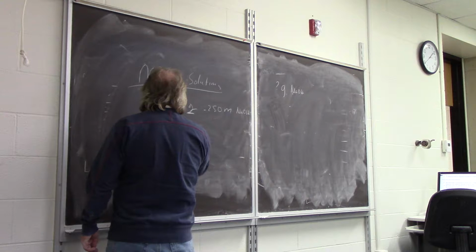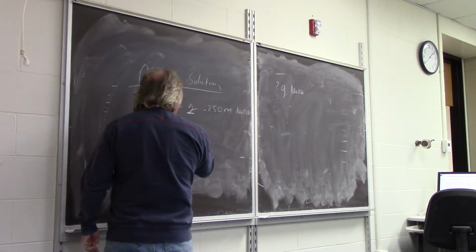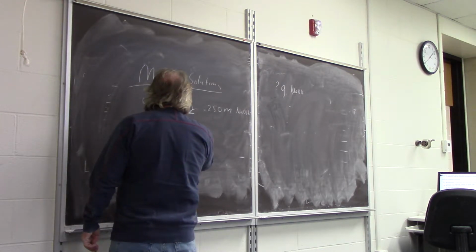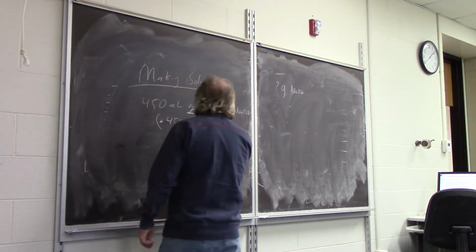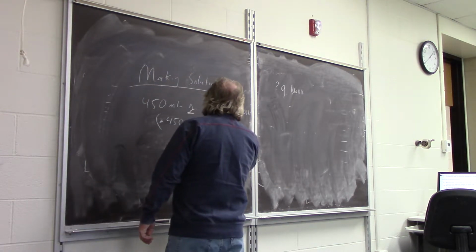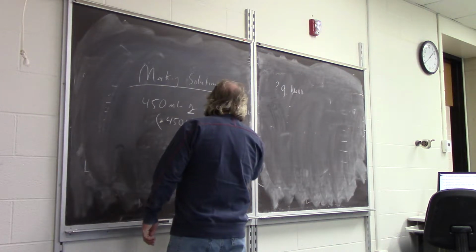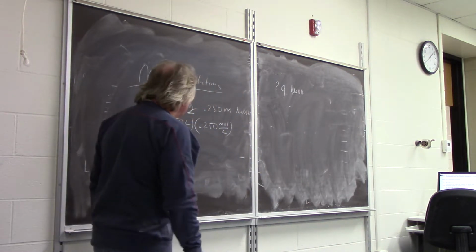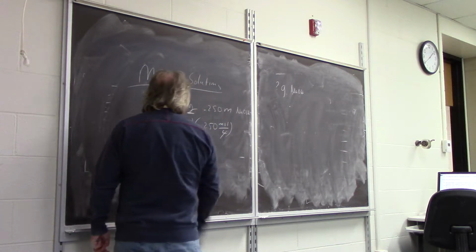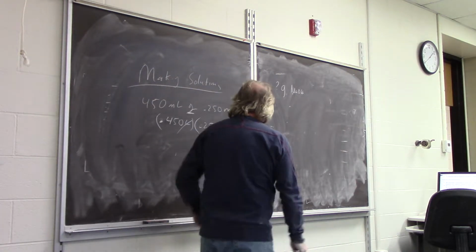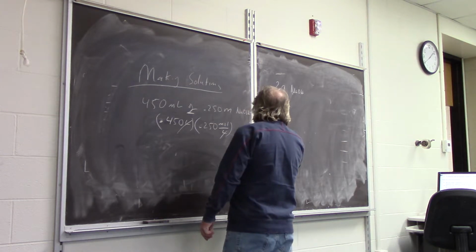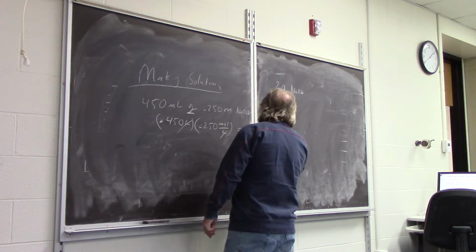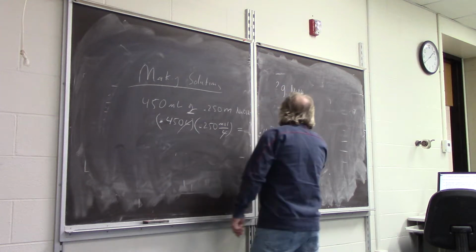I'm going to make this liters, so I'm going to divide by 1,000. Now I'm going to make this moles per liter instead of molarity. When I do that, I end up with 0.1125 moles sodium hydroxide.